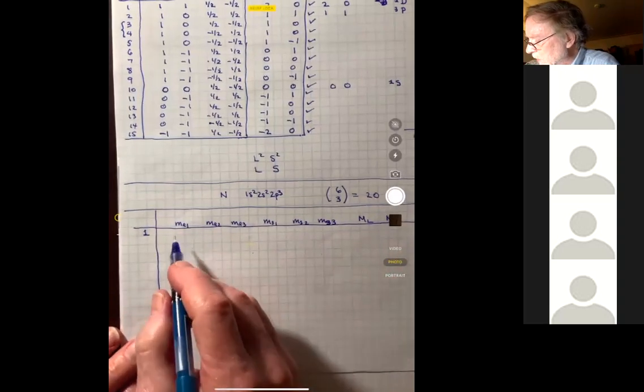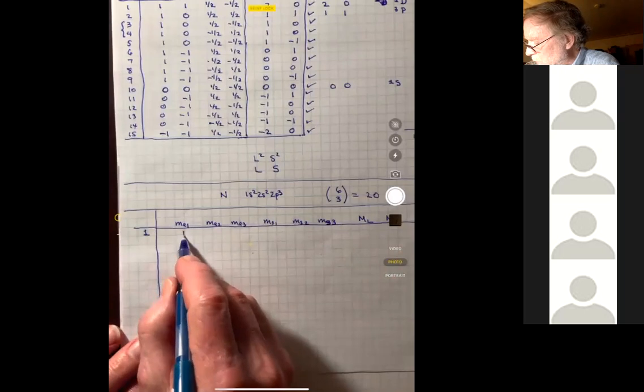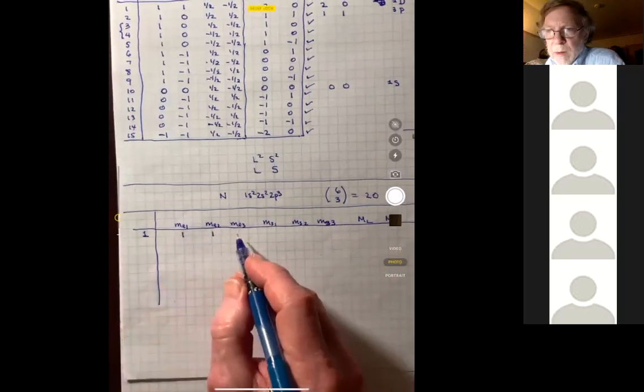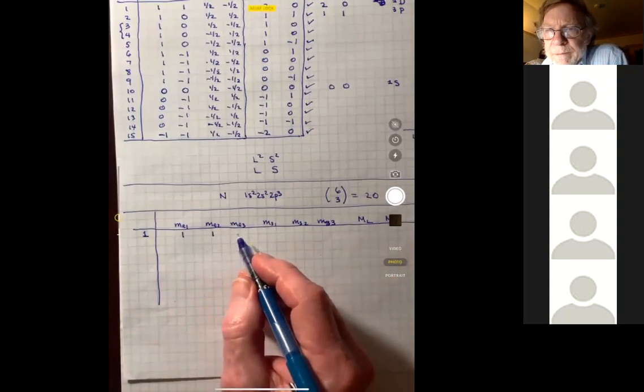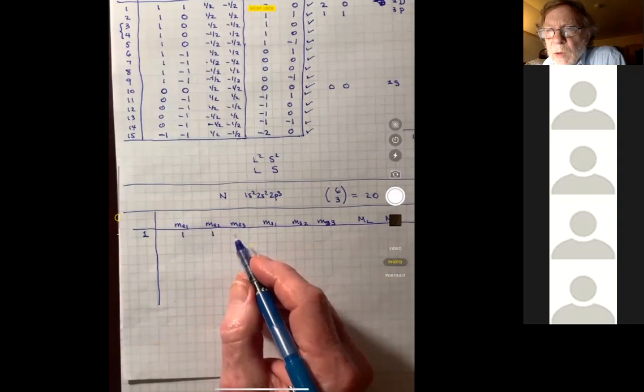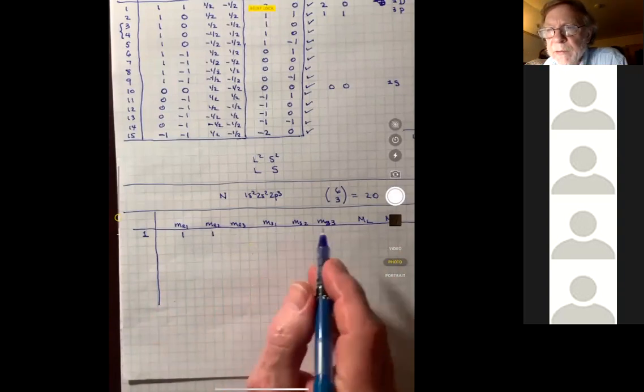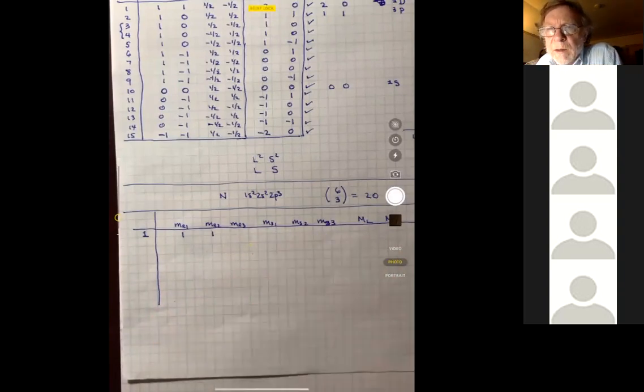So for starters, let's start with the maximum value. That would be ML1 is 1, ML2 is 1. And should we make ML3 equal to 1? Assign all 3 electrons to have ML equals plus 1? No, that won't work. The reason is that the spin values, we assign 3 of them as well, and they can only take on values plus and minus a half.